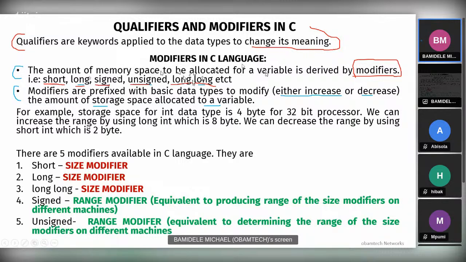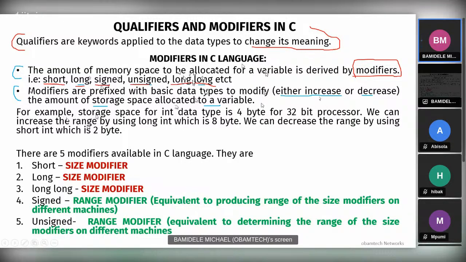We are still saying the same thing. So now, modifiers are prefixed to basic data types to modify, increase or decrease the amount of storage space, just like we said above.